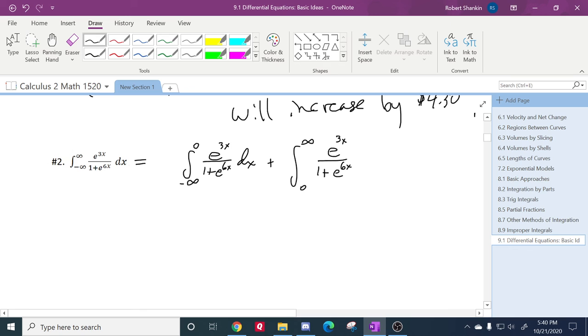And now if this had been like e to the x squared over 1 plus e to the x squared, and I knew that it would be symmetric with respect to the y-axis, I would have just put 2 times the integral from 0 to infinity.